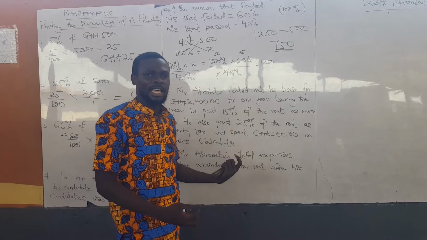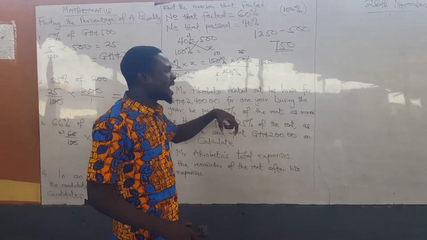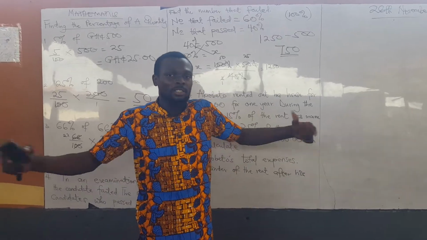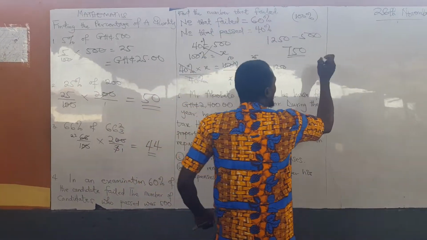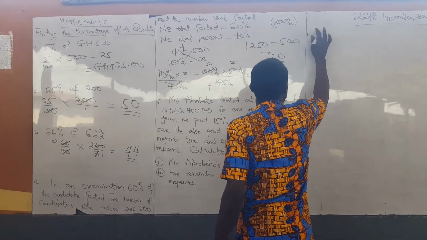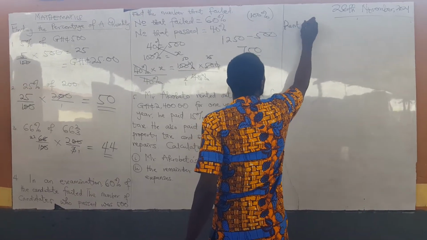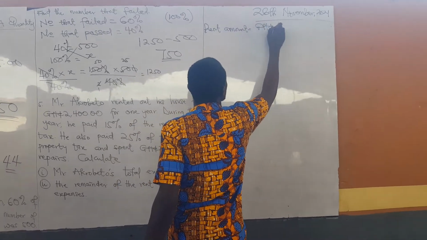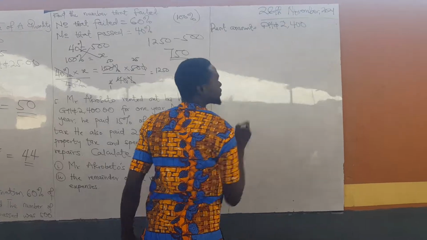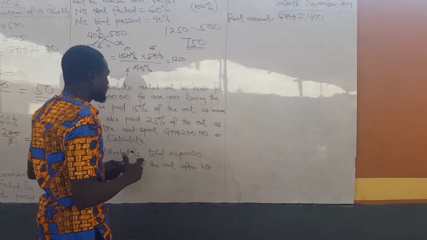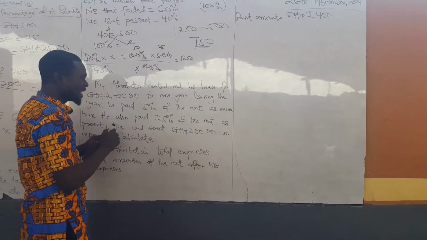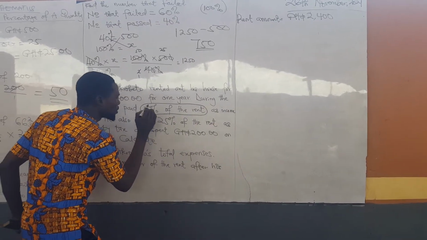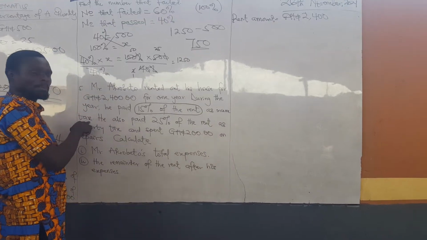Now, when you take the question again, it says that Mr. Akrobeto rented the house for 2,400. So the rent amount is 2,400. That's the rented amount. During the year, he paid 15% of the rent as income tax.